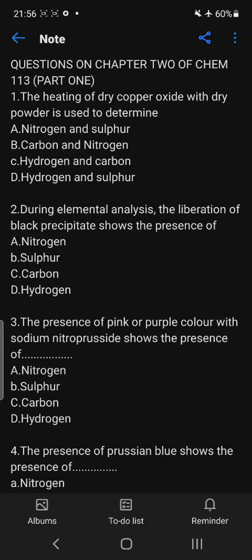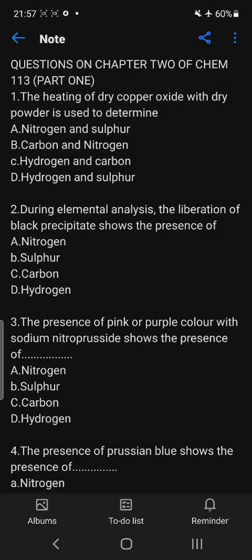Take note of that. Now, number 2: during elemental analysis, the liberation of black precipitate shows the presence of dash. It shows the presence of sulfur.